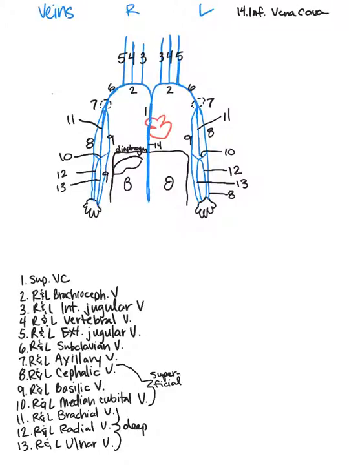Okay, so in the abdominal pelvic area, we do have a portal system, which means that blood is going to flow through 2 capillary beds before it actually enters a vein that will take it back directly towards the heart. So we do have a vein that's draining the spleen and the stomach.